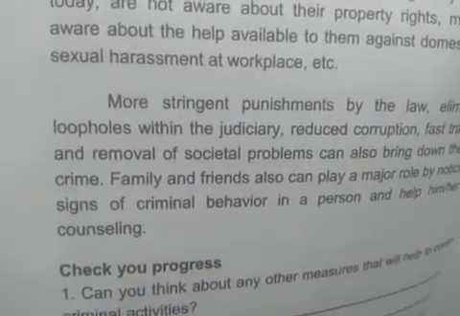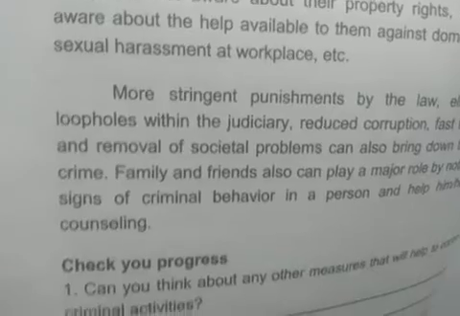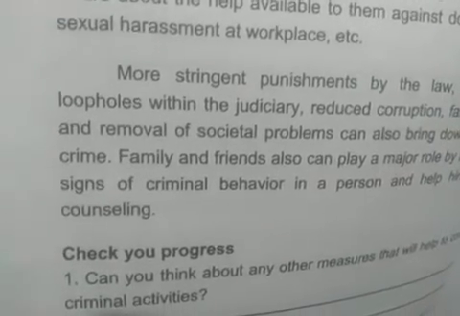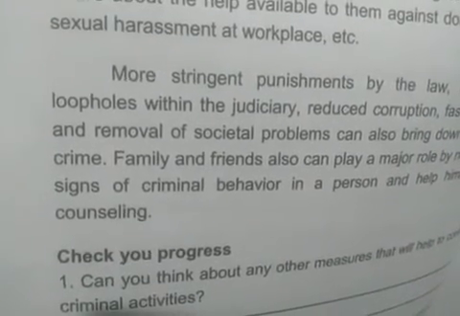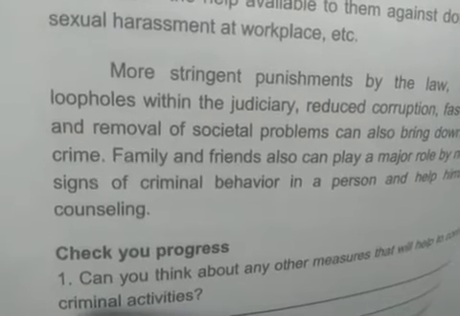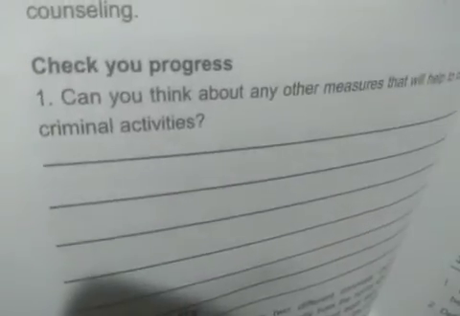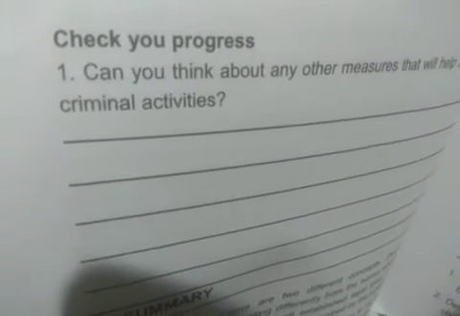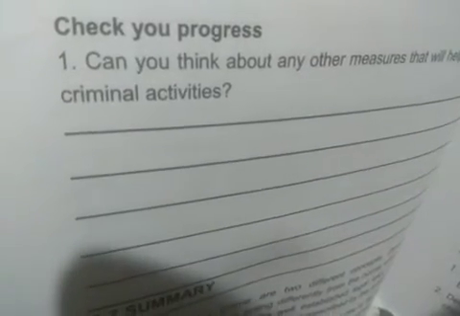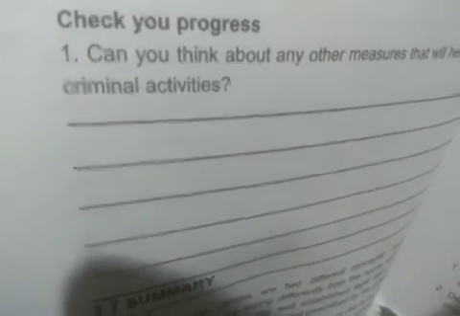Example, many women even today are not aware about their property rights, and may or may not be aware about the help available to them against domestic violence, sexual harassment at workplace, etc. More stringent punishments by the law, elimination of loopholes within the judiciary, reduced corruption, fast-track courts, and removal of societal problems can also bring down the rate of crime.